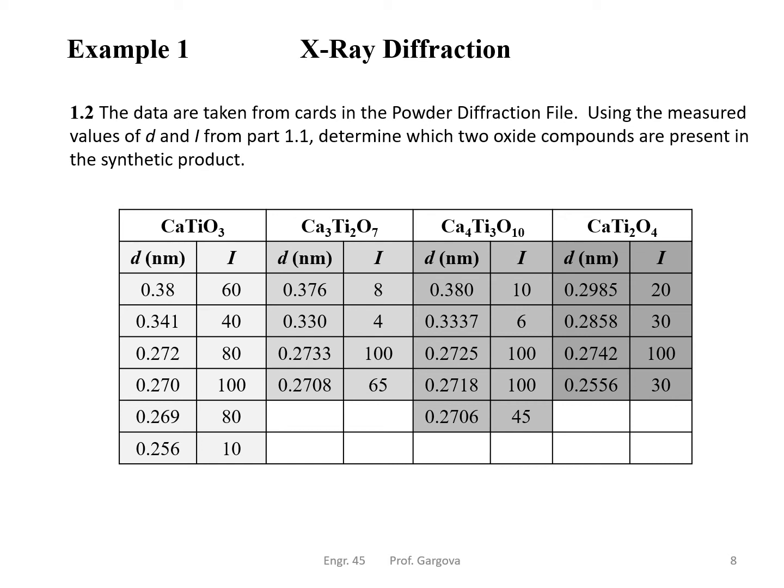Basically for relative intensity, the 100 would be the highest peak in the spectra. And then, for example, one denoted as 60 would be about 60% of that highest peak. And then something with a relative intensity of 8 is basically a really small peak.